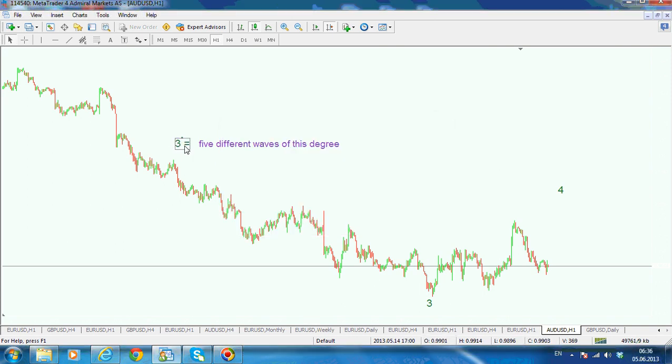Then the fourth wave to the upside, if you're looking for an A, B, C, it might be, for example, that the fourth wave here is already done here. So let's presume this is done here.